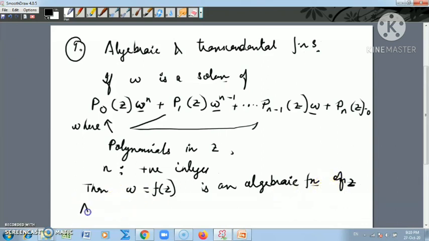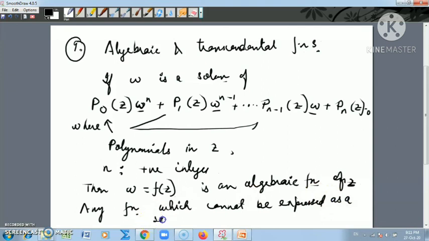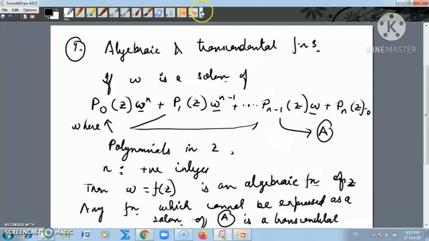Any function which cannot be expressed as a solution of an equation of this type is called a transcendental function.